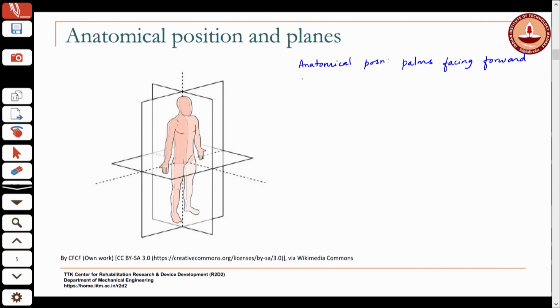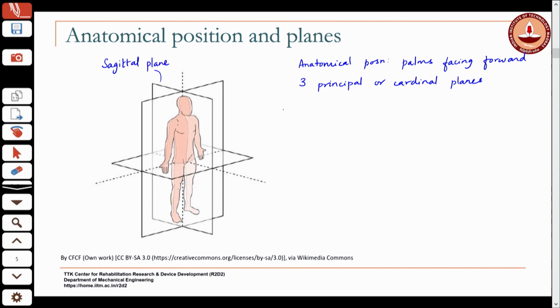And there are three principal or cardinal planes defined with reference to this anatomical position. So, if you look at these planes, if you imagine a plane that cuts the body into left and right halves, that plane is called the sagittal plane.